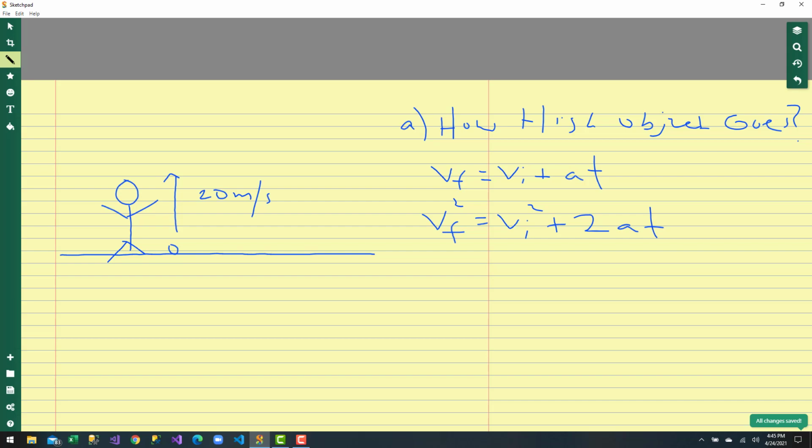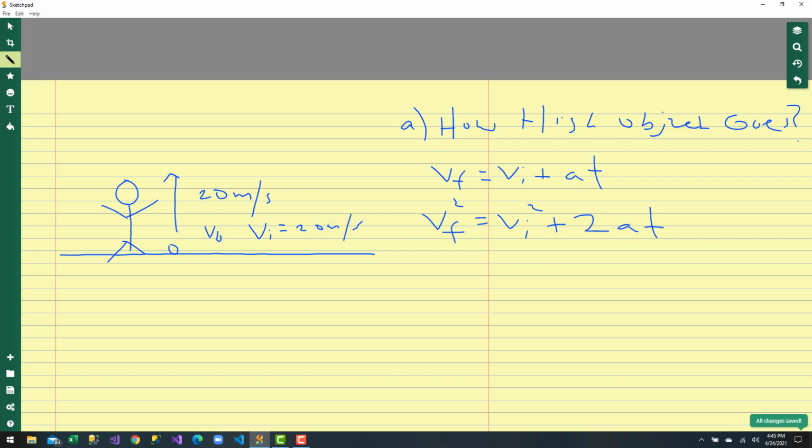All right, so out of these equations, what are we given? The person throws the object with an initial velocity. So remember, they give you the initial velocity, V naught or V initial, and that's equal to positive 20 meters per second. So what do I mean by positive?